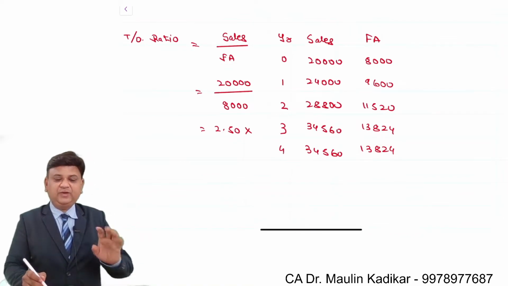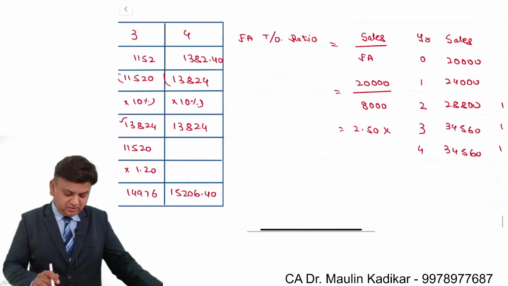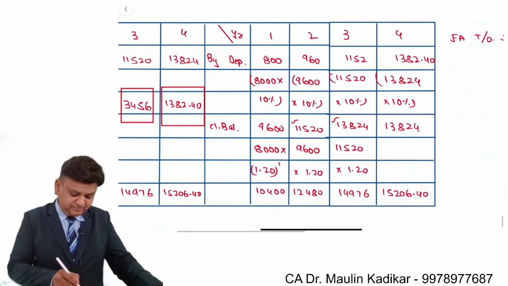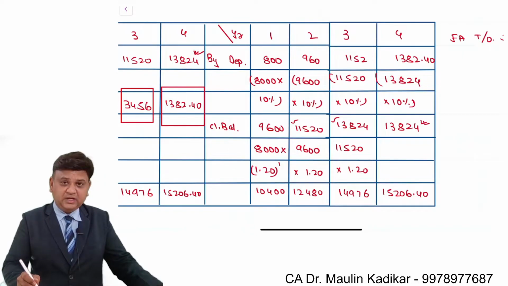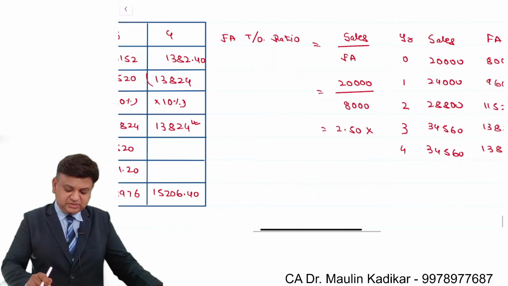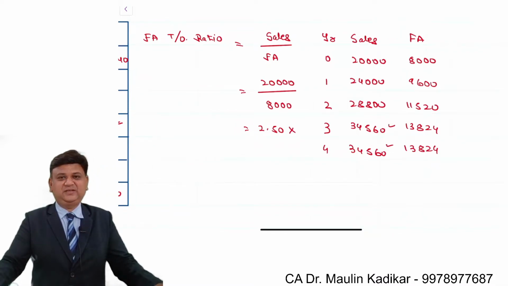So basically we understand that beyond the third year, the opening fixed asset and the closing fixed asset would be same. Why it would be same? Because the sales of the company is becoming same. That is what we understand.